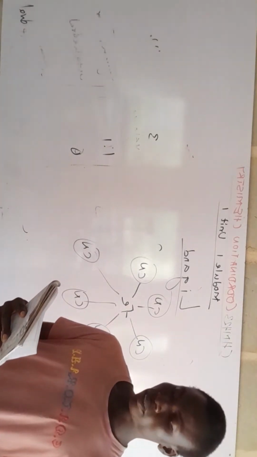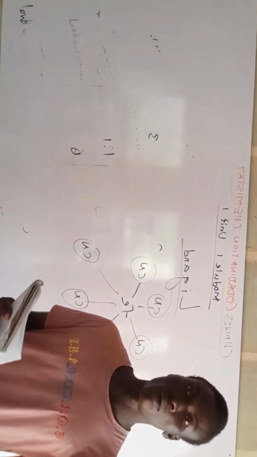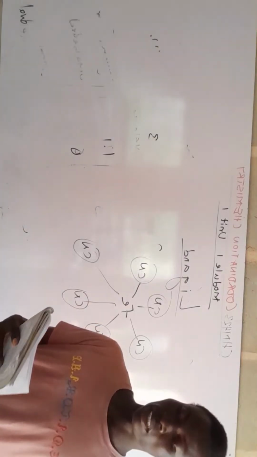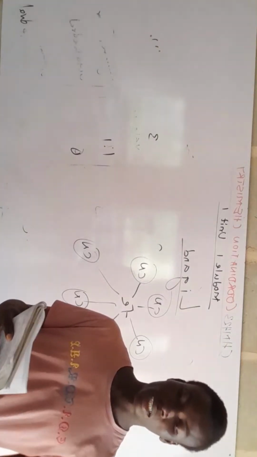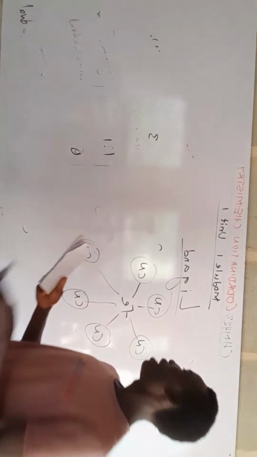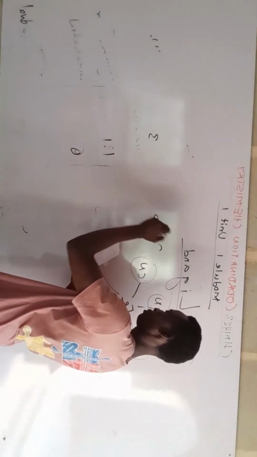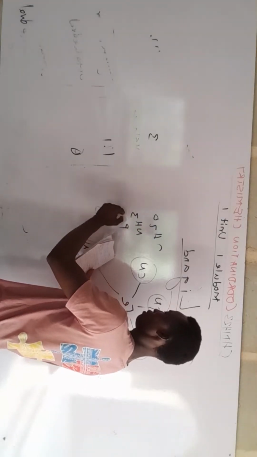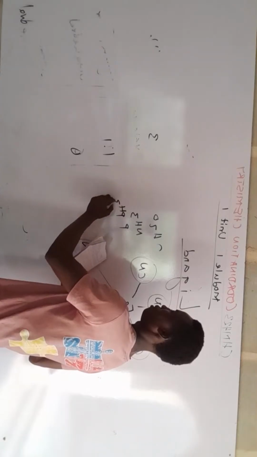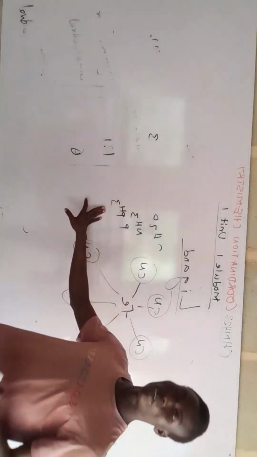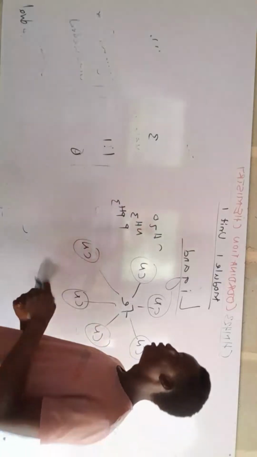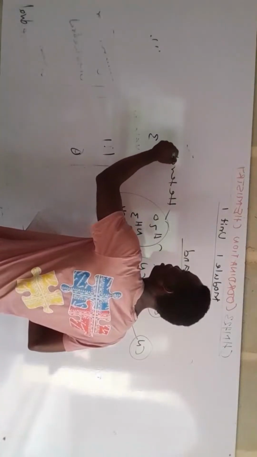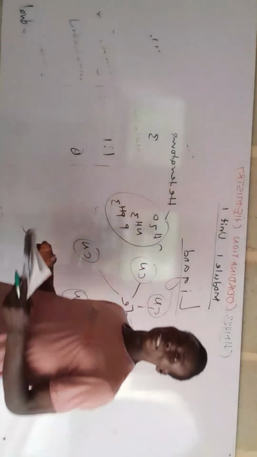Now, when we're talking about ligands, I've said it earlier that they are what? They are Lewis bases, which coordinate to central metals, atoms or ions in a what? In a complex. It can be a heteroatom. What are the heteroatoms? Such as we have H2O, NH3, we have P, that's PH3. Take note of that, phosphine. So these that we have here are heteroatoms, and they're also what we call ligands.